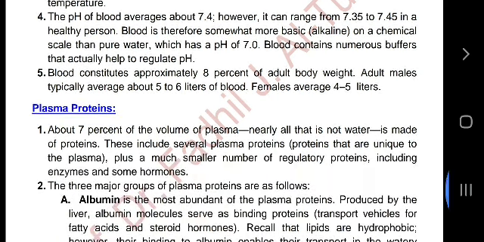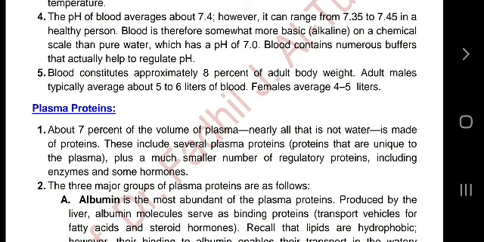What are the components of the plasma proteins? About 7% of the volume of plasma, nearly all that is not water, is made of proteins. Proteins, as you know, are polypeptide chains of amino acids, various amino acids linked together.